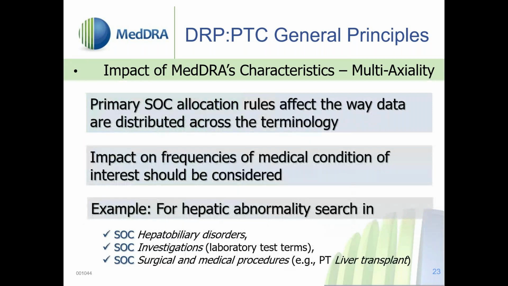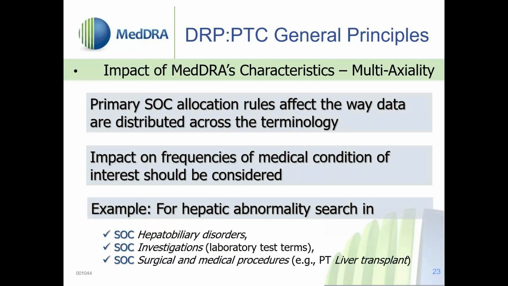But this also means that the primary SOC allocation affects the way data is distributed across the terminology. For example, many hepatic disorders will be represented in the primary SOC hepatobiliary disorders, but other liver-related conditions are grouped under other SOCs, like coma hepatic goes to the primary SOC nervous system disorders, or the hepatic infections, they go to the primary SOC infections and infestations.